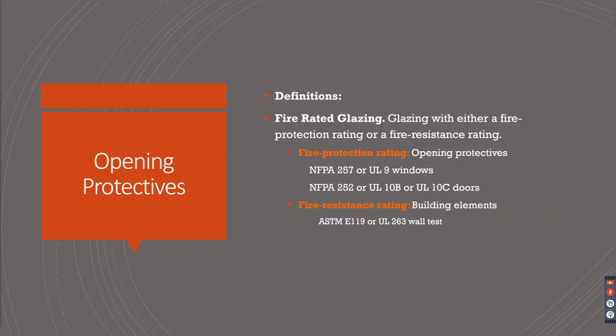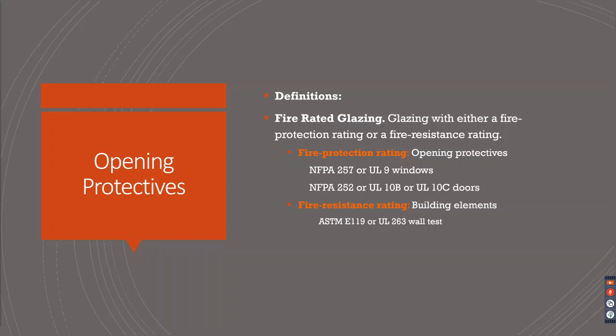If it's tested through the fire protection rating, then it's tested as an opening protective as opposed to a building element. That helps when you've got some size limitations for glazing, because those limitations in some assemblies go away if that glazing is tested as a wall. But if it's tested as an opening, you'll still have some limitations.